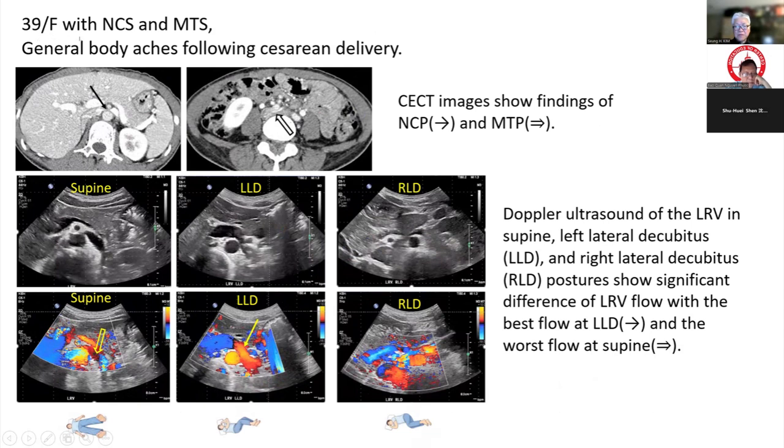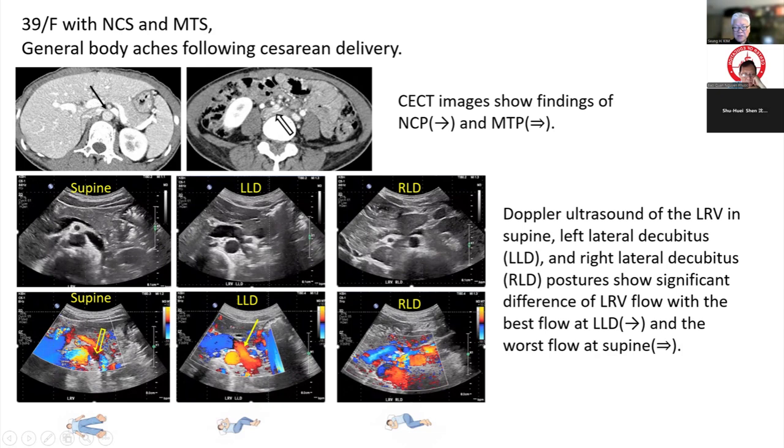A 39-year-old woman with nutcracker and May-Turner had general body aches following cesarean delivery. This is nutcracker on CT scan, and this is the May-Turner phenomenon on CT scan.